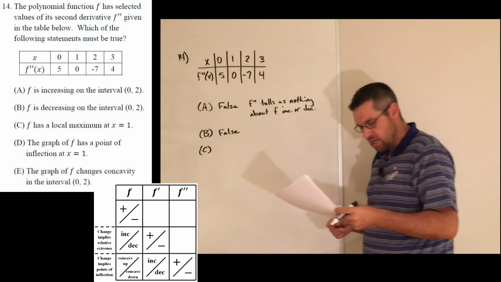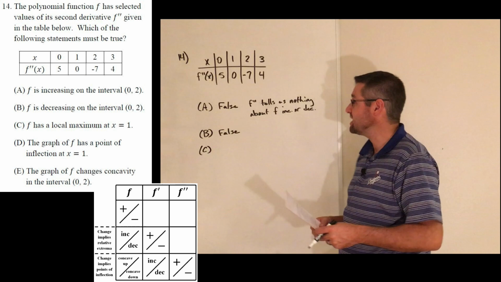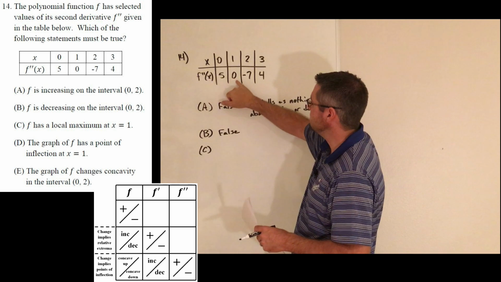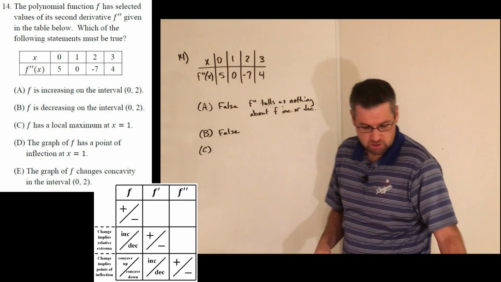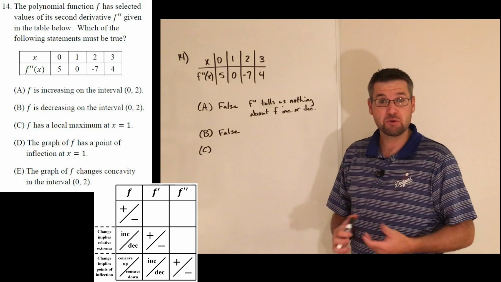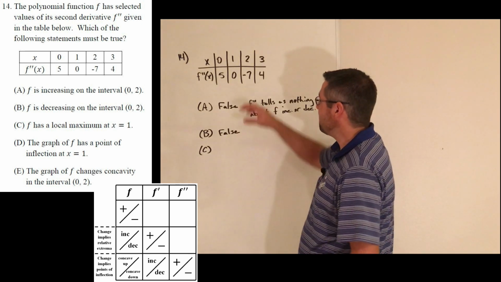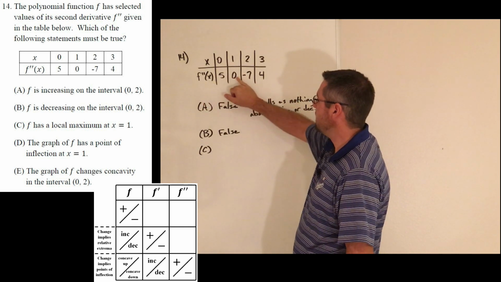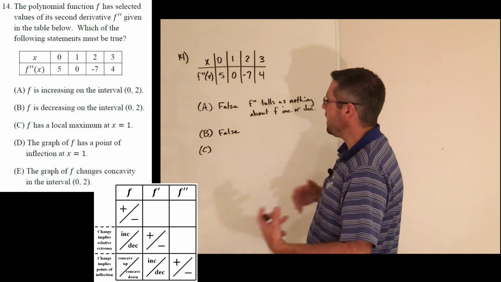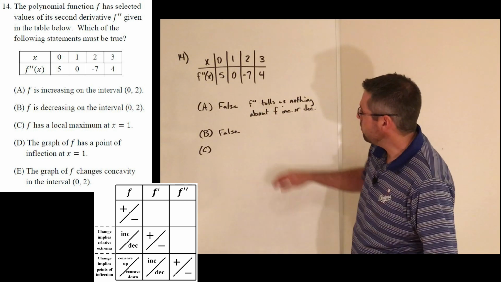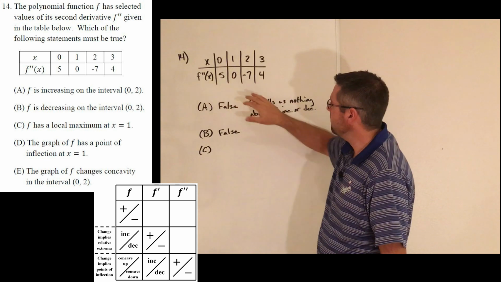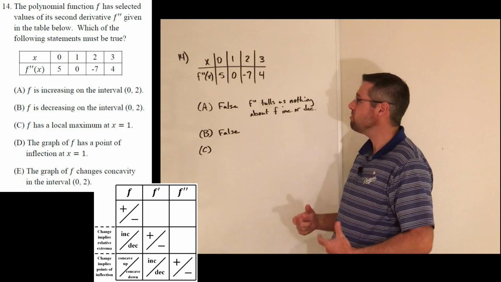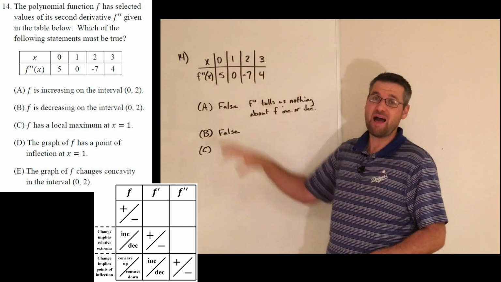Option C says that f has a local maximum at x equals 1. At x equals 1, f double prime is 0. This is deceptive for some students. f double prime is positive on this side and negative on this side, so we see it changing signs and think something is happening here. That's generally true, but the problem is that this is a table of values.